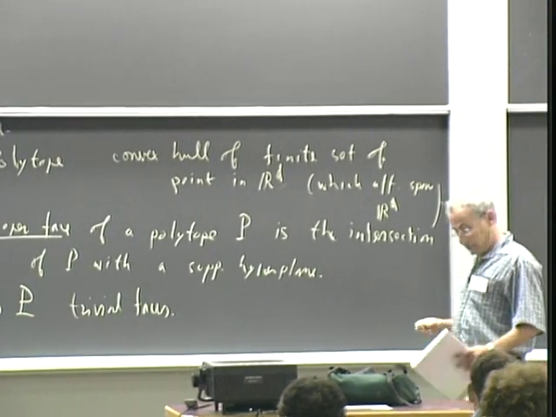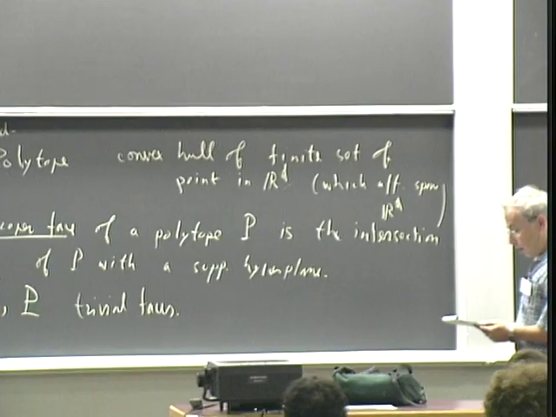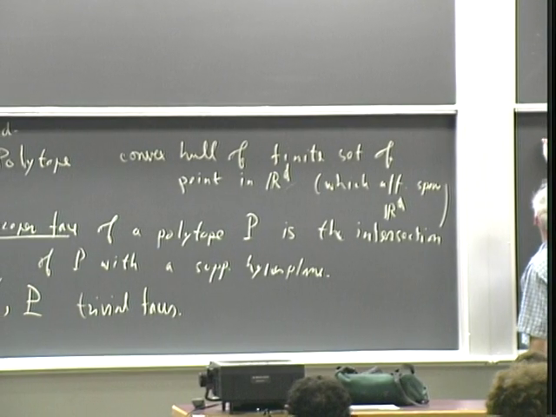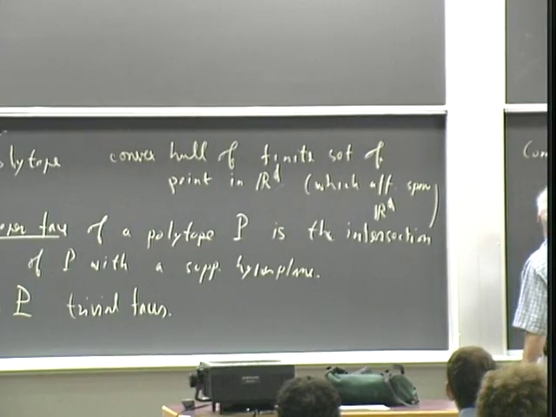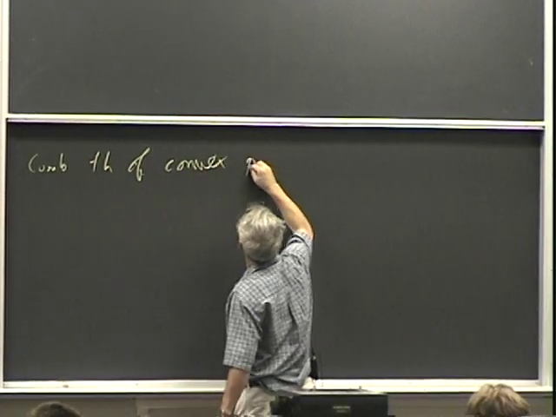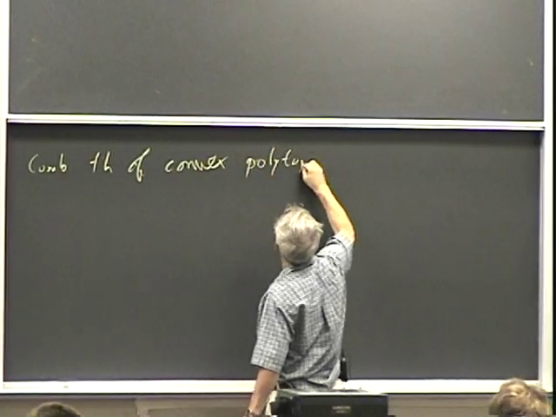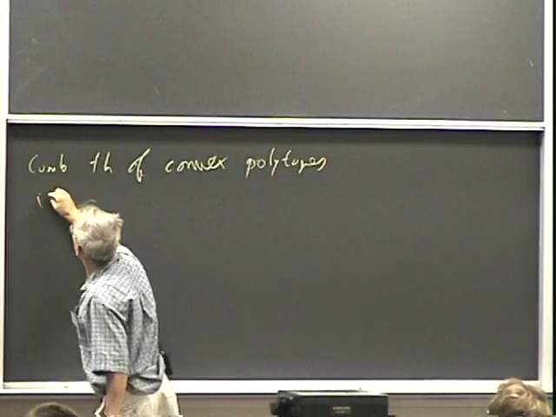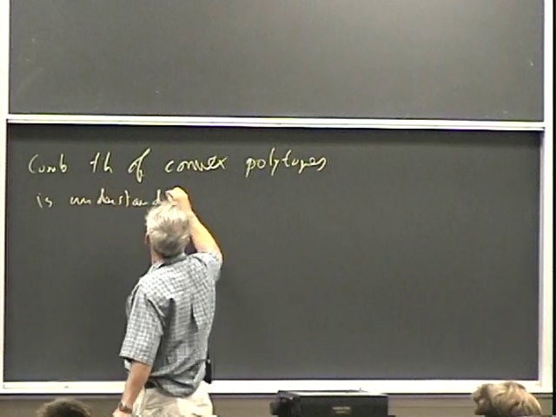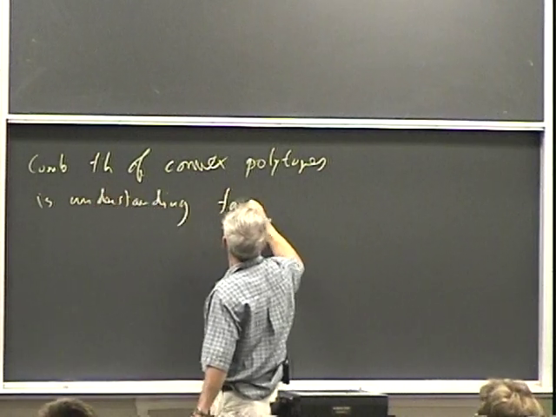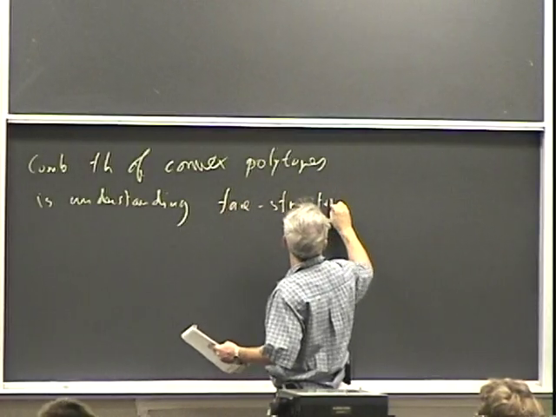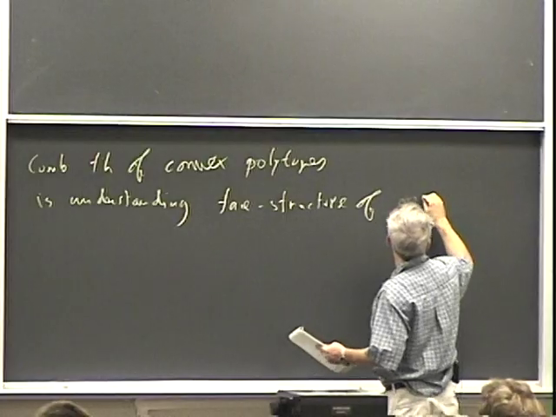So the combinatorial theory of convex polytopes is understanding the face structure of polytopes.